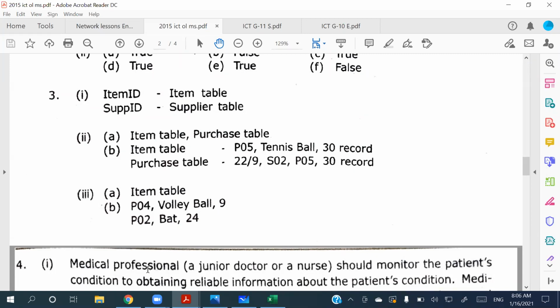So for the first part, 1 mark for each line, item ID, item table 1 mark, supply ID, supply table 1 mark. And for the second part A, 1 mark again, item table, purchase table 1 mark. For part B, you are going to take 2 marks for each. So item table and for the record 2 marks, purchase table and for the records 2 marks.